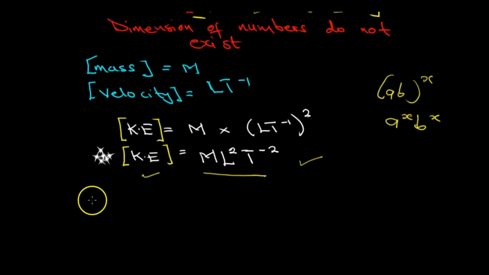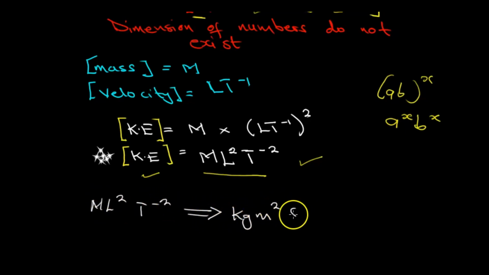Since we had the unit of work from ML squared T exponent minus 2 to be kilogram meter squared per second squared, that of kinetic energy is also going to be kilogram meter squared per second squared. Take note of this.